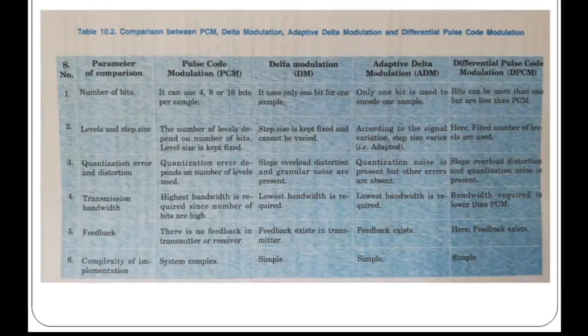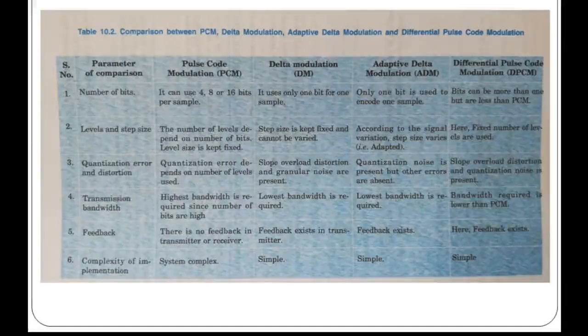If n is equal to 4, then the number of levels is 16. If n is equal to 2, then the number of levels is 4. So the number of levels depends on the number of bits. Once the number of bits is fixed, the level size is kept fixed.